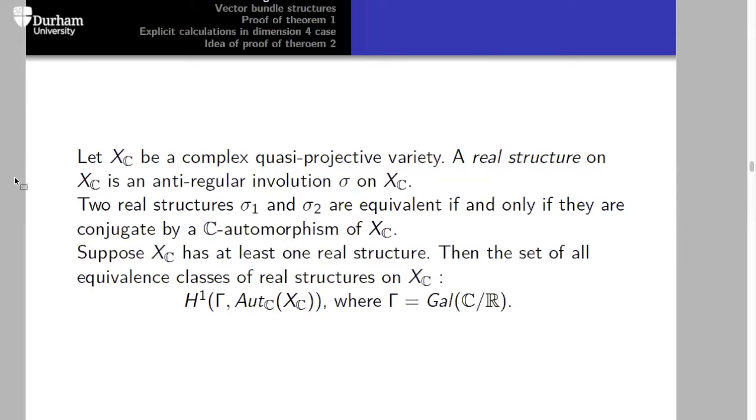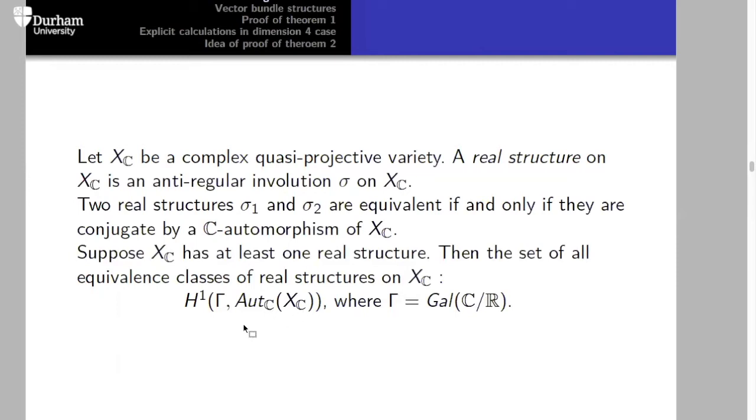Now, if X_C has at least one real structure, then I can find the set of all equivalence classes of real structures using the first cohomology set of the Galois group, which just has 2 elements, with coefficients in the automorphism group. Here you see why the automorphism group of X_C is so important.